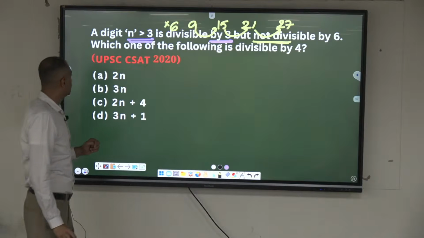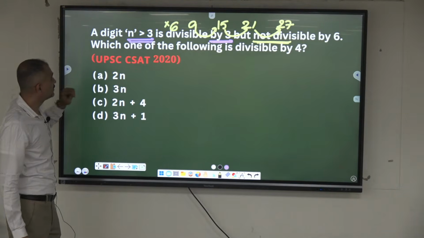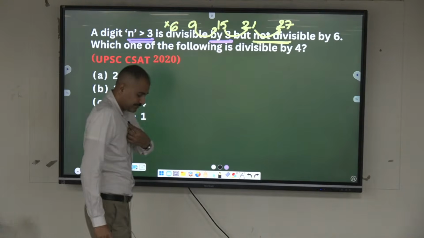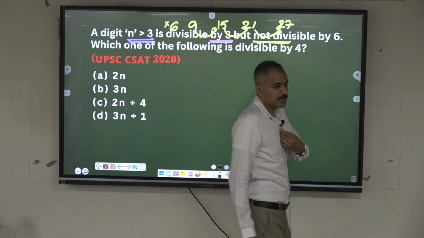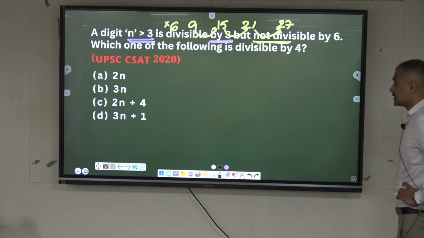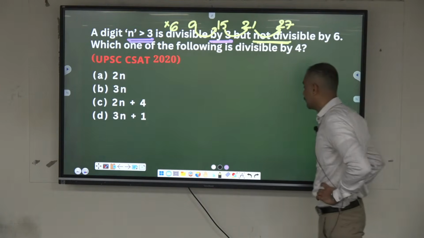Now, these kind of numbers can be written in the form... They have to be divisible by what? Which of the following is divisible by 4? Put the value of n as 1, 2, 3, 4, something. A digit n greater than 3 is divisible by 3 but not divisible by 6. Which of the following is divisible by 4?